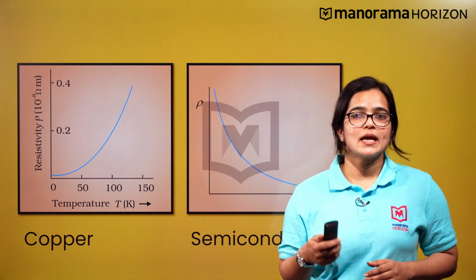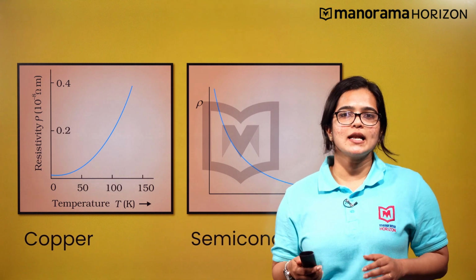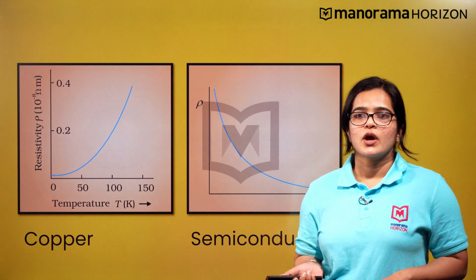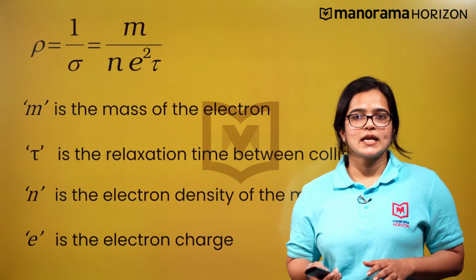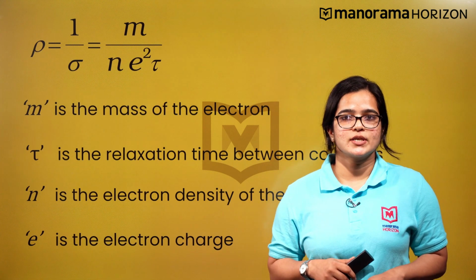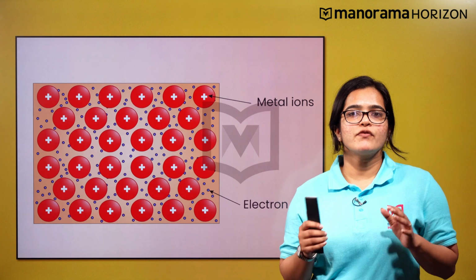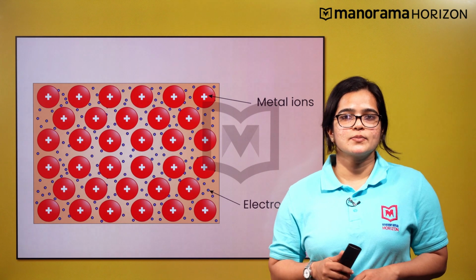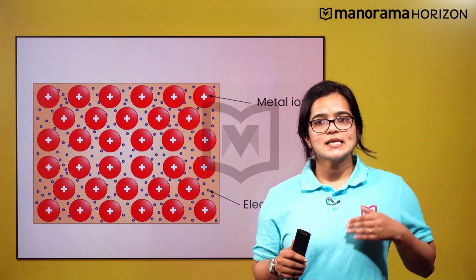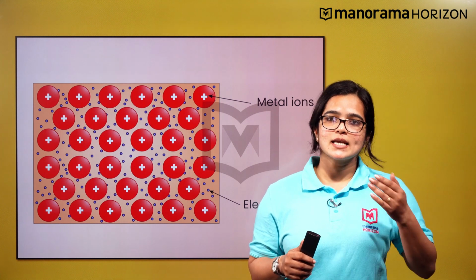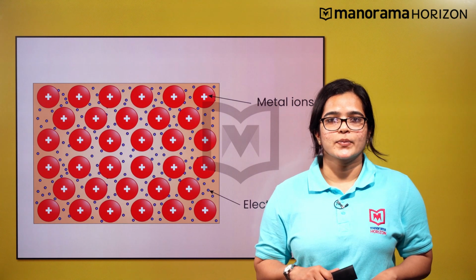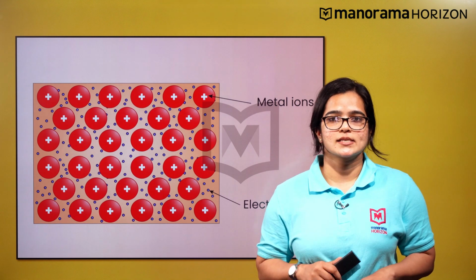Now, as to why temperature affects resistivity differently in metals and non-metals, let's look at the equation for resistivity. We can see that the resistivity has an inverse dependency on electron density and relaxation time. In metals, the number of free charges is not really affected by the temperature, so n remains constant. However, increasing the temperature greatly increases the frequency of collisions, and this decreases the relaxation time, causing the resistivity to increase.